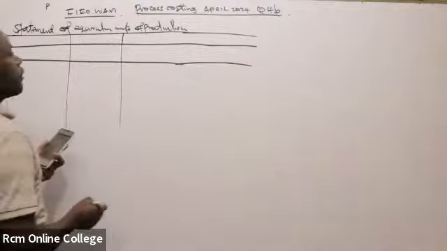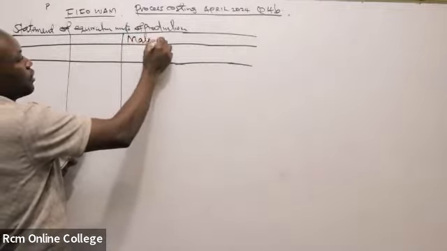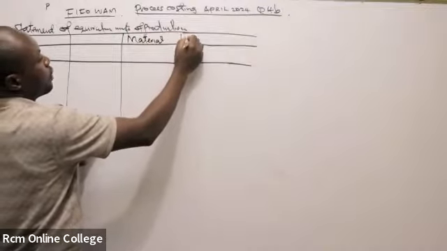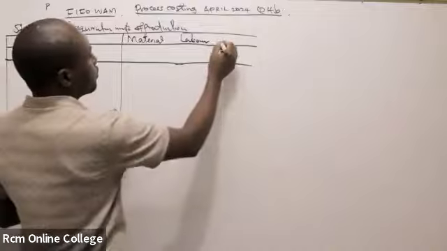Then from that, we have three items. We have material, we have labor, and of course, we have overheads.